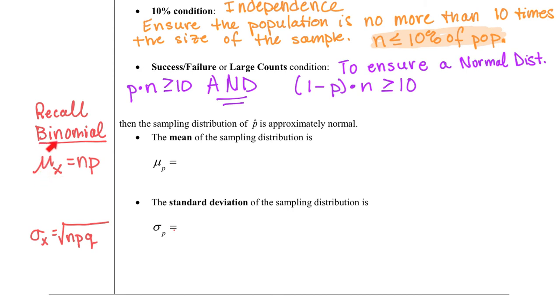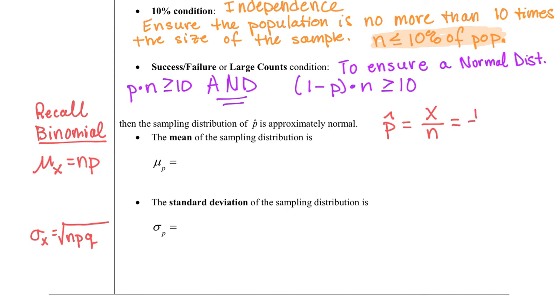So from the last chapter, we learned that the mean of a binomial distribution is n times p, and the standard deviation was the square root of npq, or 1 minus p. I could have used q up here. Recall that earlier in this lesson we learned that p hat was our random variable x over n.